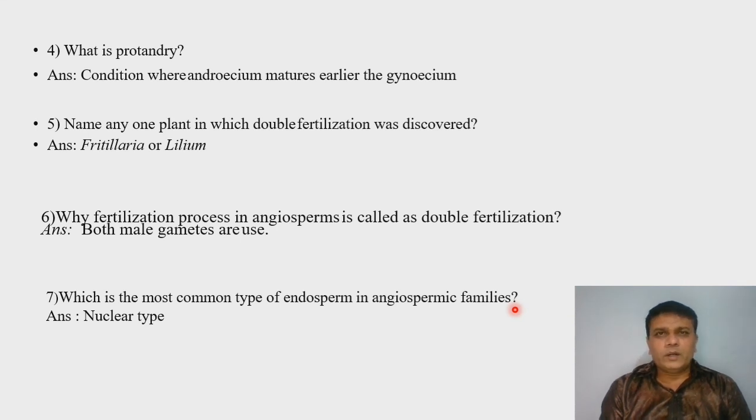So the three types of endosperms produced in the plants are nuclear endosperm, then helobial endosperm, and cellular endosperm. So the most common type of endosperm found in majority of angiospermic families is nuclear type.